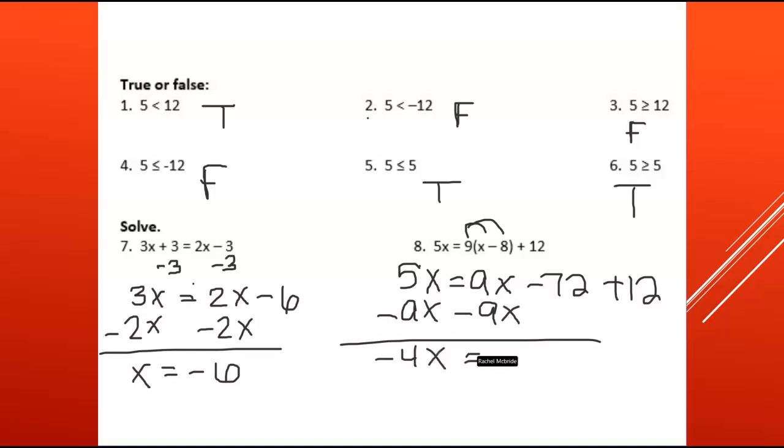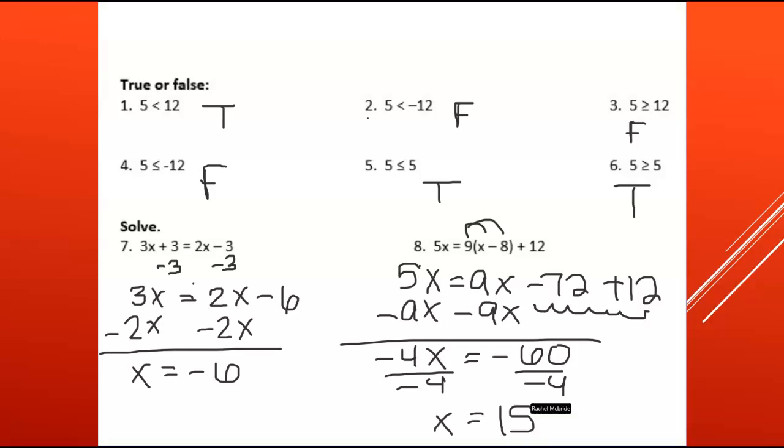These are on the same side, so you're going to group them together as like terms. So negative 72 plus 12 is negative 60. Divide by negative 4, and you get x equals 15, because a negative divided by a negative is a positive.